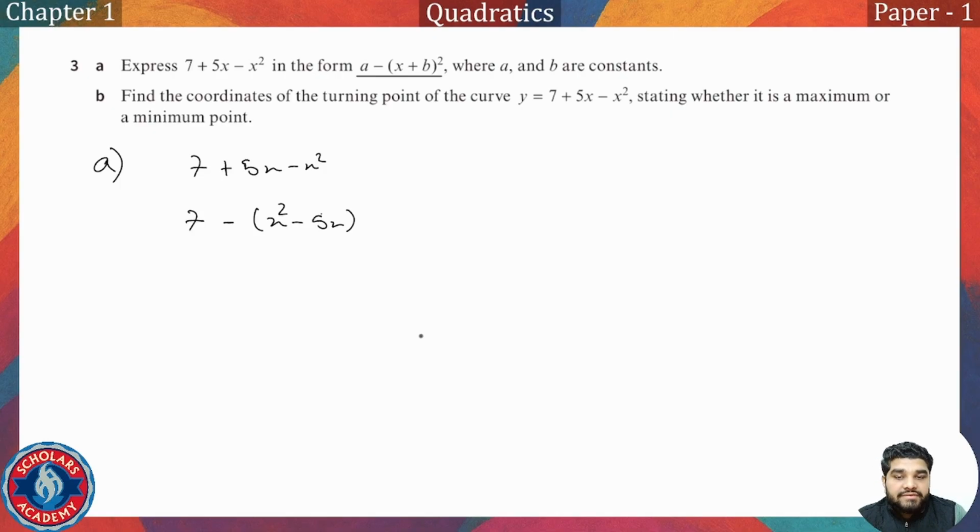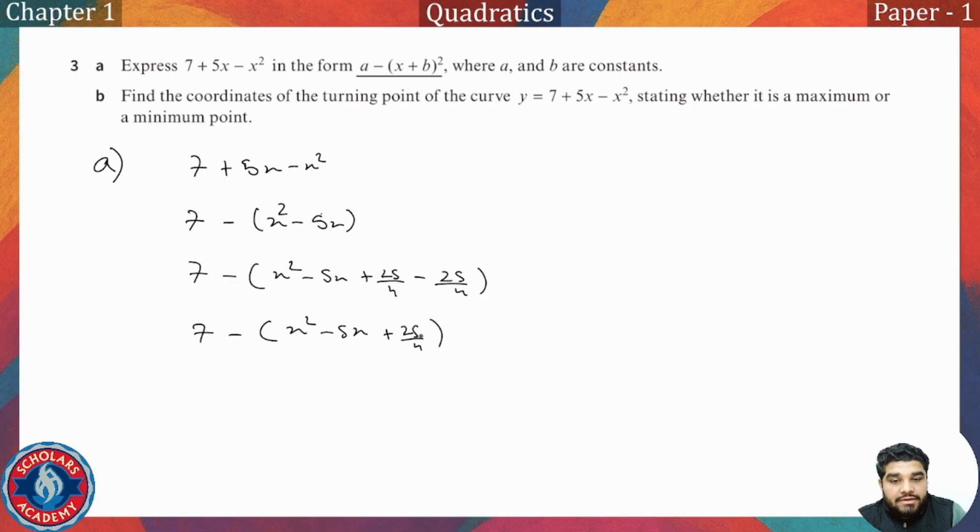So 5 is 2b, so b is 5 by 2. So b square is the square of 5 by 2, that is 25 by 4. 7 minus x square minus 5x plus 25 by 4 minus 25 by 4. This is what we'll do over here. So 7 minus x square minus 5x plus 25 by 4, and we multiply by the negative, so we get plus 25 by 4.